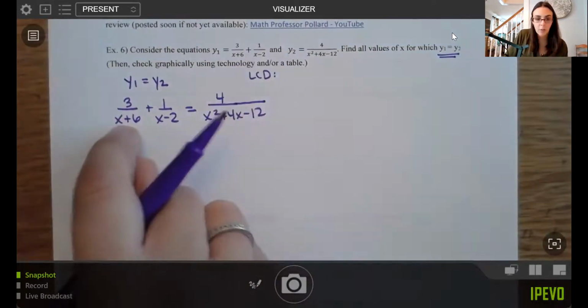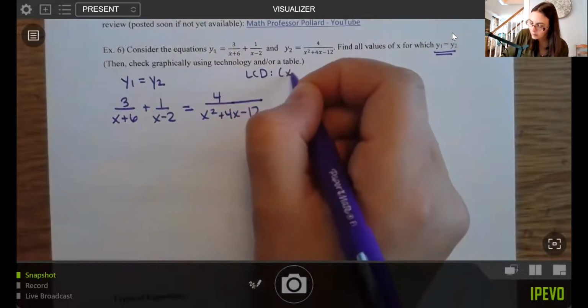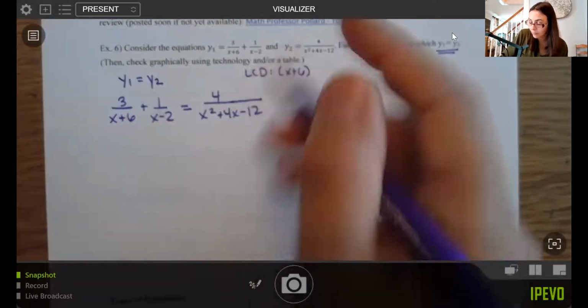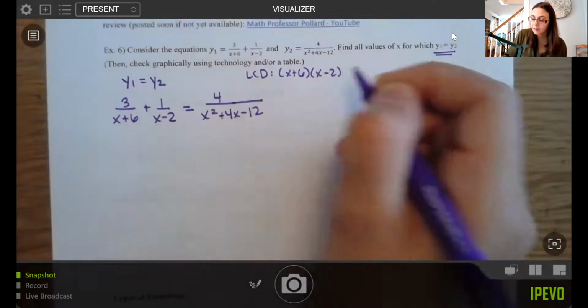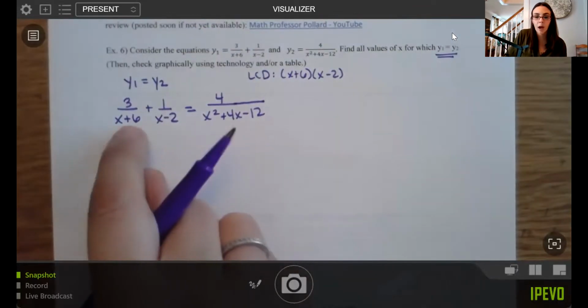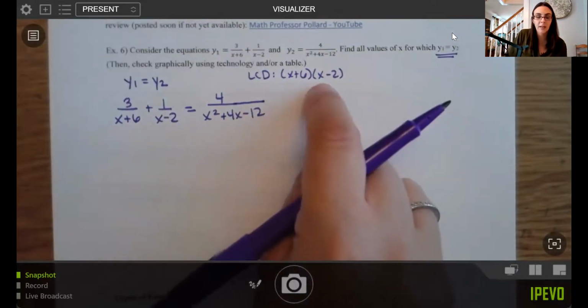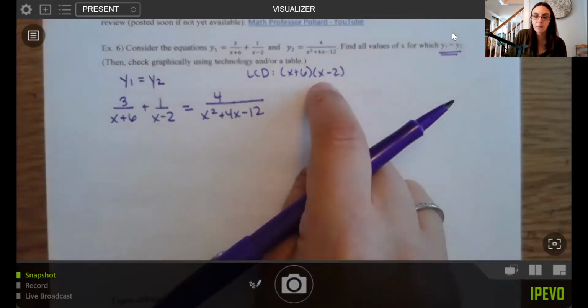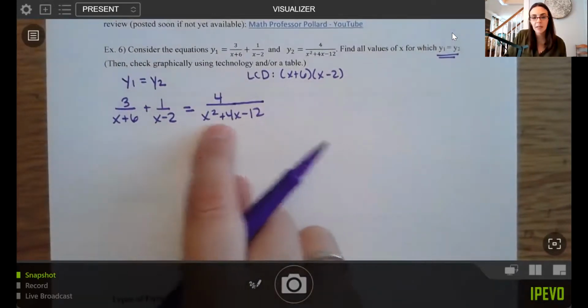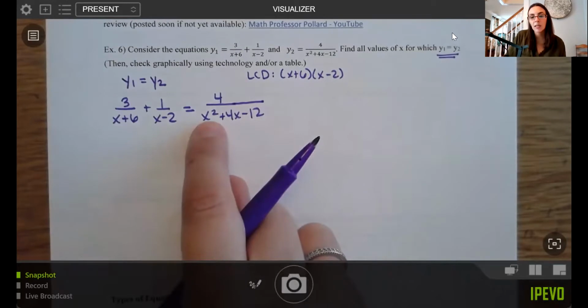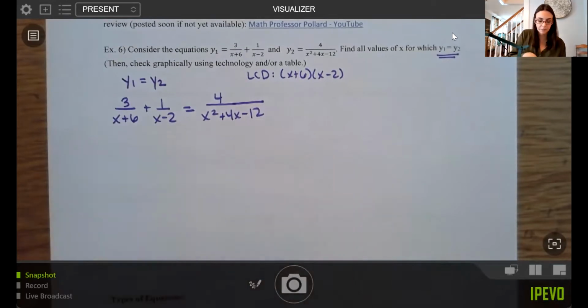So I can see one group here, x plus 6. I see another group here that's different, x minus 2. Now notice that because these denominators are more complex, I have to bring in the whole group. I can't just bring in the minus 2 there. Now this last piece though, I see squares, which means that I can factor this. So I need to do that next.